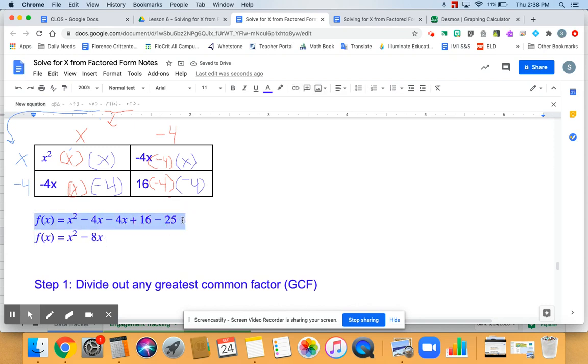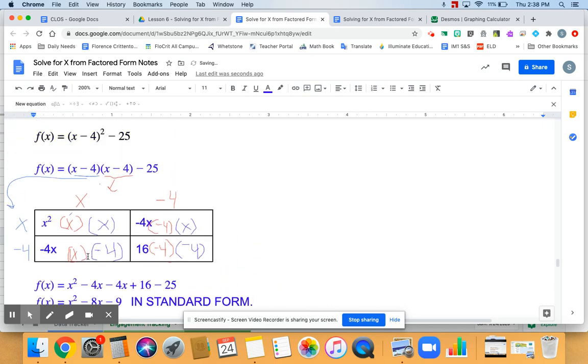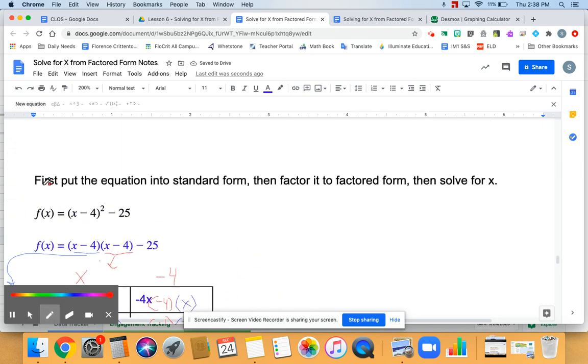Then finally, plus 16 minus 25. If you were to put it in a calculator, you'd get -9. So now we are in standard form. So we did our first step in the instructions, because it says first, put the equation into standard form. But now we have to factor it to factored form.